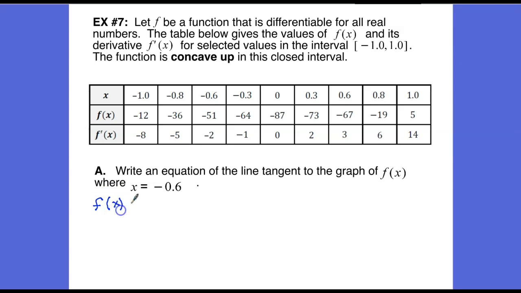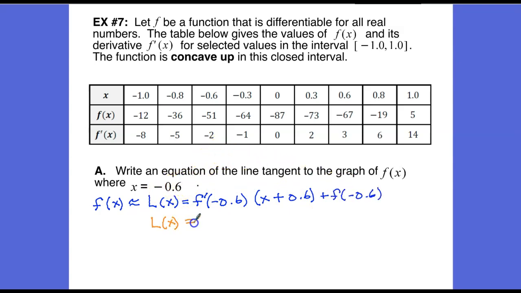f of x is approximately L of x, which is equal to f prime of negative 0.6 times x minus negative 0.6, so that's x plus 0.6, plus f of negative 0.6. So L of x is equal to f prime of negative 0.6.